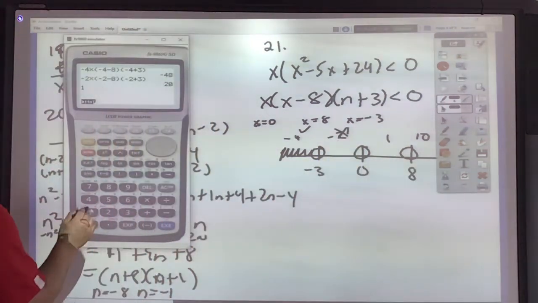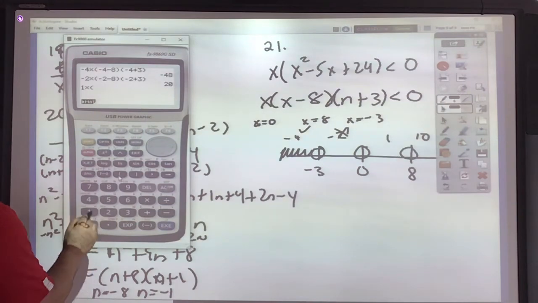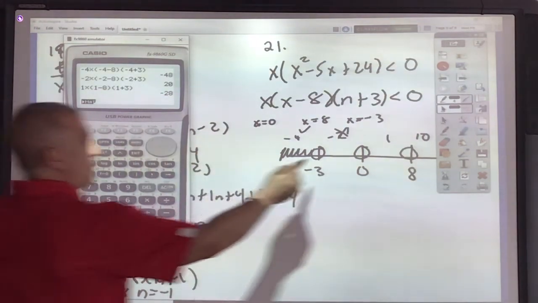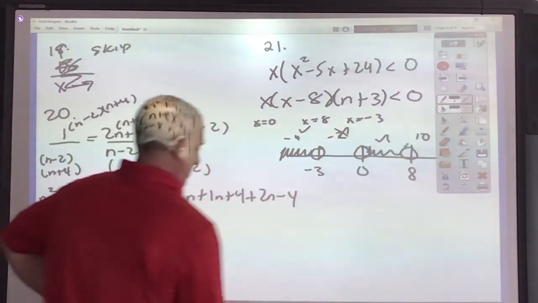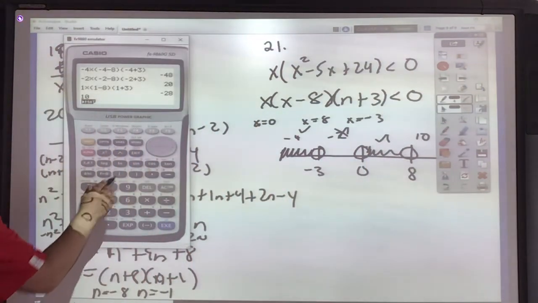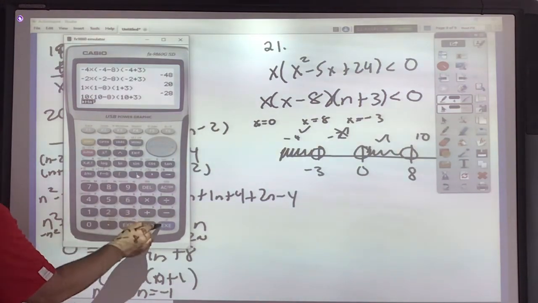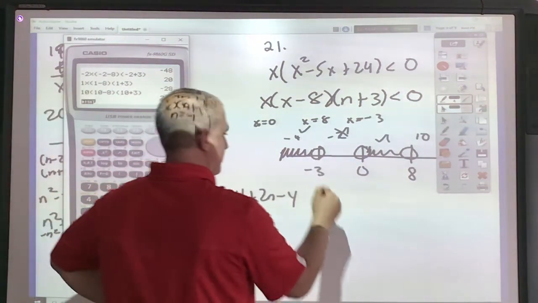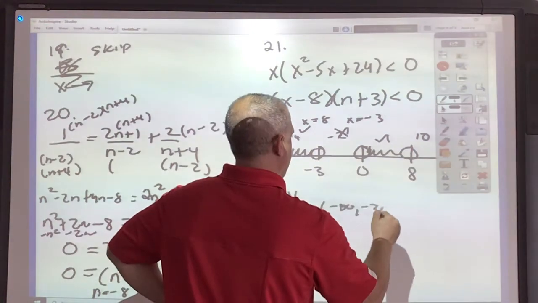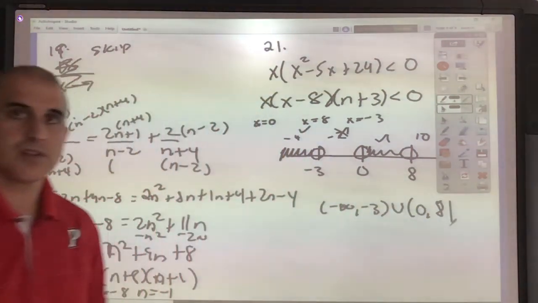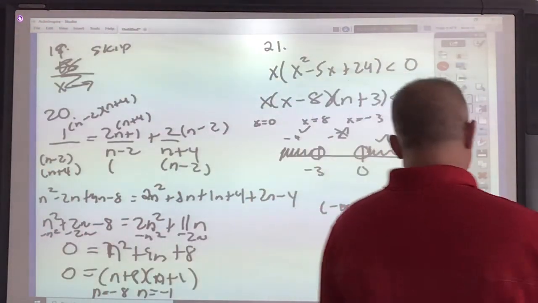Then I put 1 in, 1 times 1 minus 8, 1 plus 3. That's a negative number, that's good. And I put the last one in, which is 10, 10 minus 8, 10 plus 3. That's a positive number, I don't want that. So that's gonna be negative infinity, negative 3, union 0 to 8. Okay. All right.